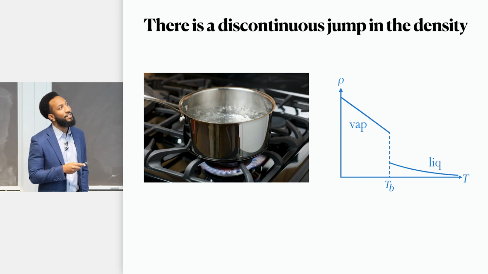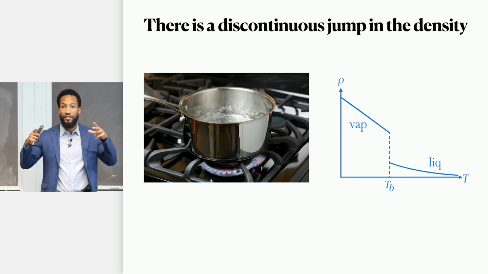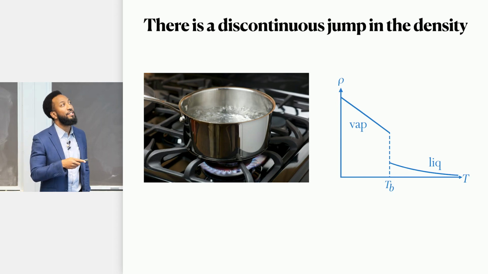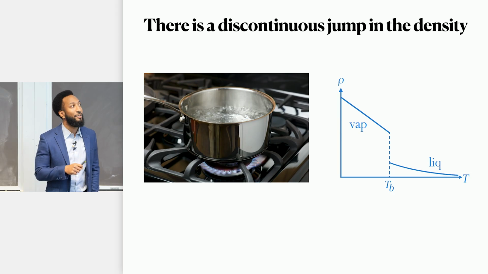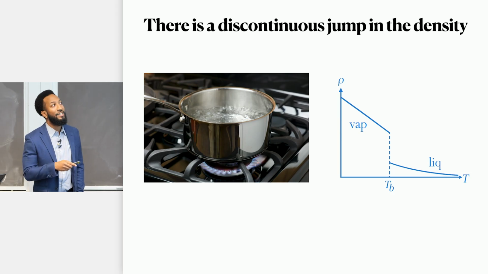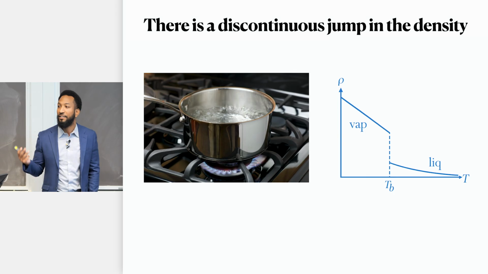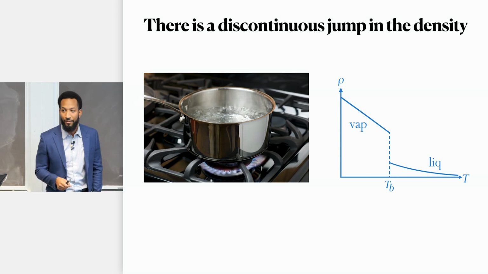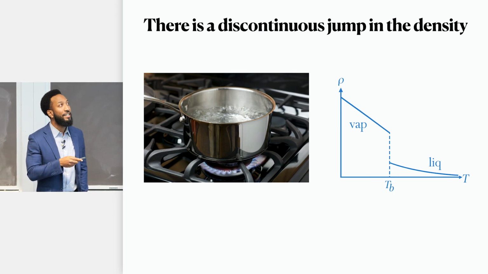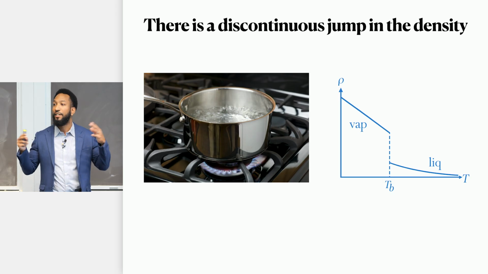As you increase the temperature, the density will start to expand, and at some point you'll have a discontinuous jump to a vapor. Sorry about that. But this discontinuous jump here is analogous to boiling water, and it's related to that phase diagram. This dotted line is because of that liquid-vapor coexistence.